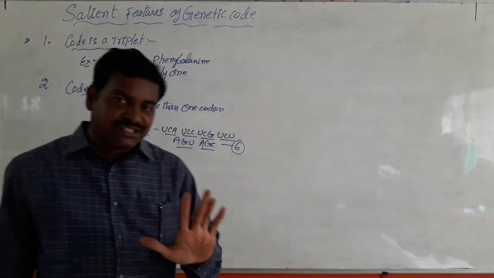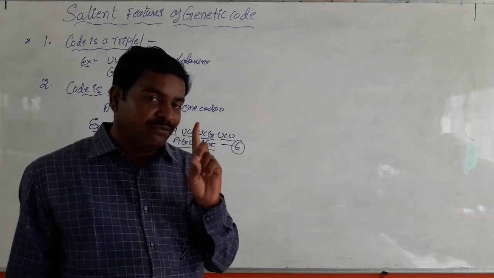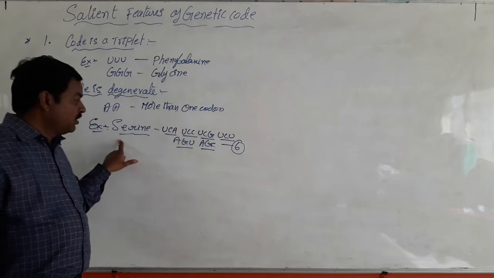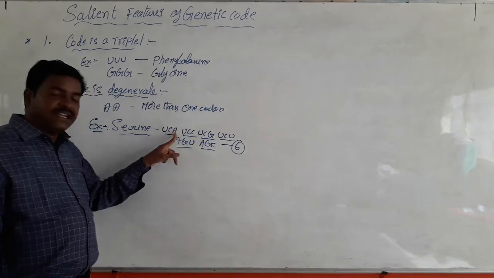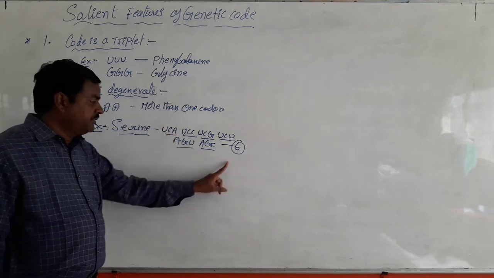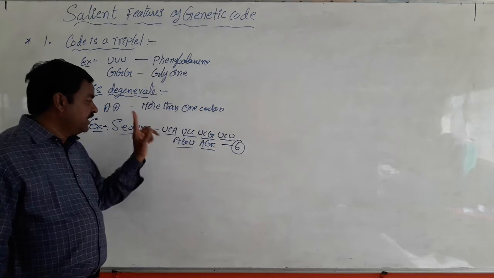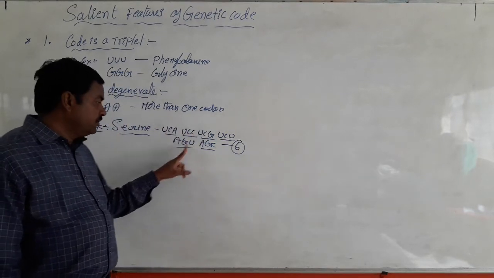These 6 codons recognize only one amino acid, that is serine. So a single amino acid, serine, may be recognized by any one of these 6 codons: UCA, UCC, UCU, UCG, AGU, AGC.